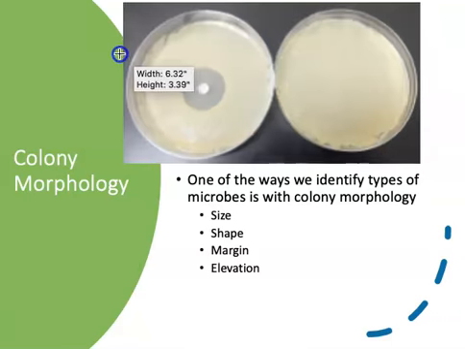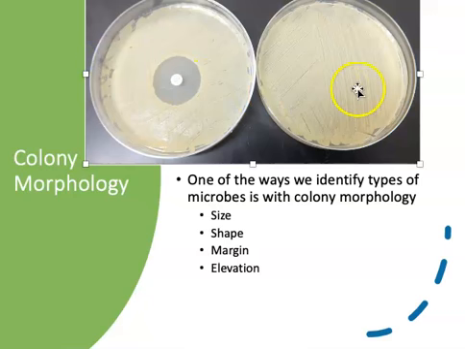You can see two agar plates. The surface of both of these plates is not the nice sort of transparent beige color that we're used to seeing in an uninoculated agar plate. Instead, there's an opaque sort of yellow-white material growing all over the surface of this plate.